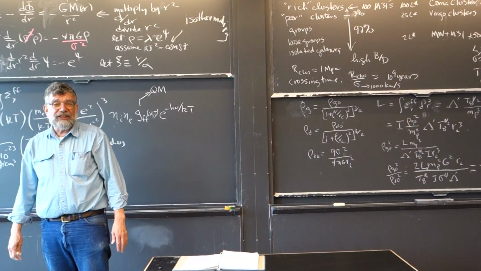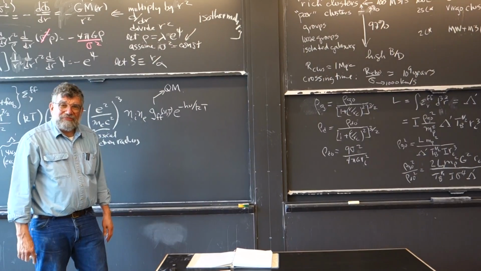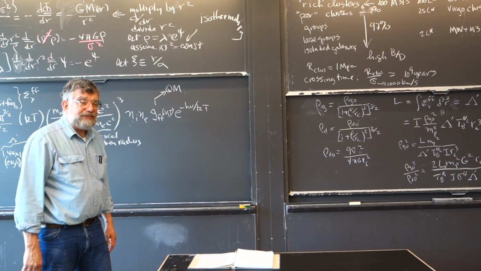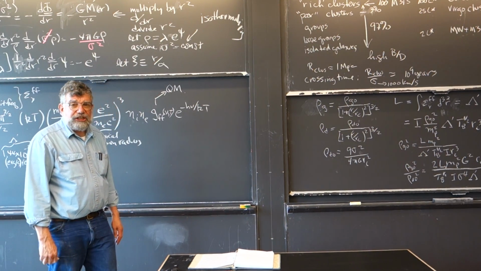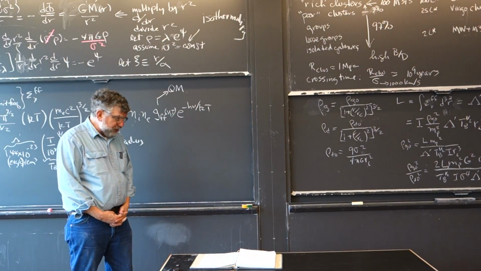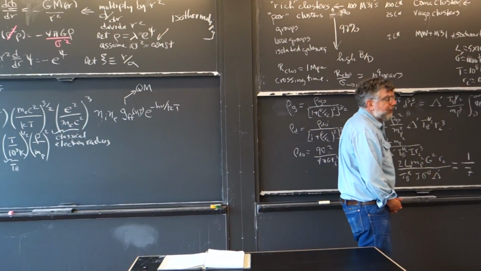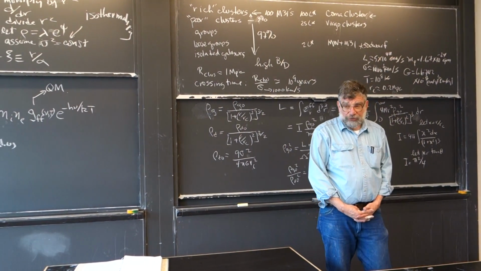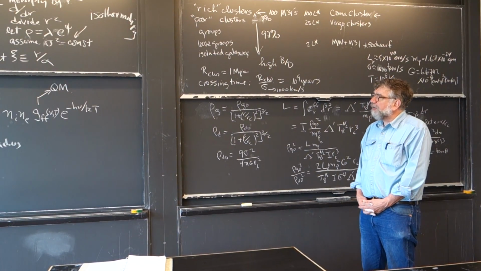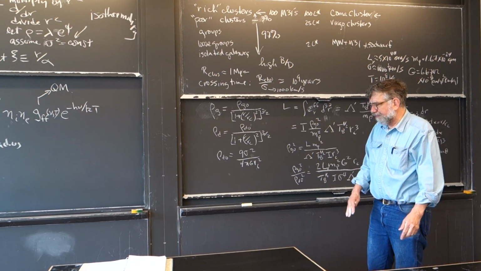Since, for you at least, it's April 26th. 93 years ago, to the date, there was a debate in Washington between Harlow Shapley, who was at that time at the Carnegie Observatories, but went on to be the director of the Harvard College Observatory, and Heber D. Curtis, who was at the Lick Observatory, and a distinguished observer. There was a debate between the two of them, which was entitled "The Size of the Milky Way."